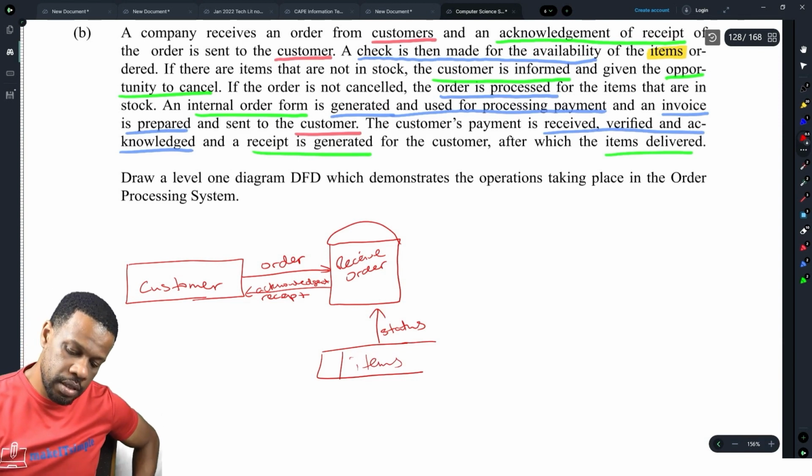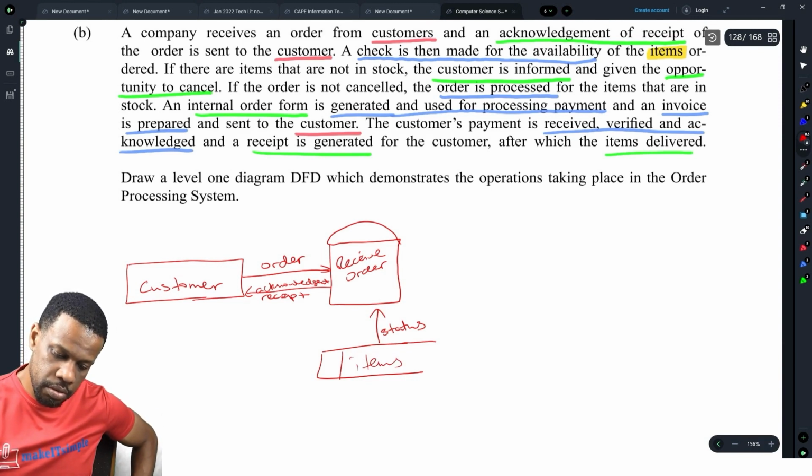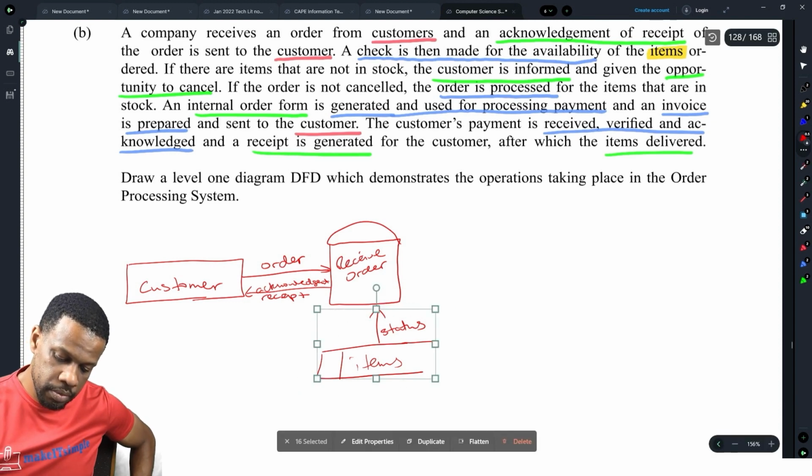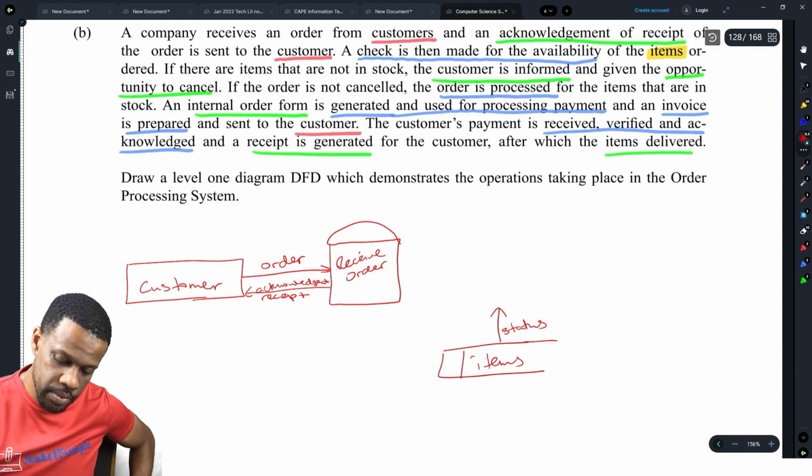So we get the status from the items database. If the items are not in stock, the customer is informed and given the opportunity to cancel. I think I'll break it into two processes, because informing them is something separate.